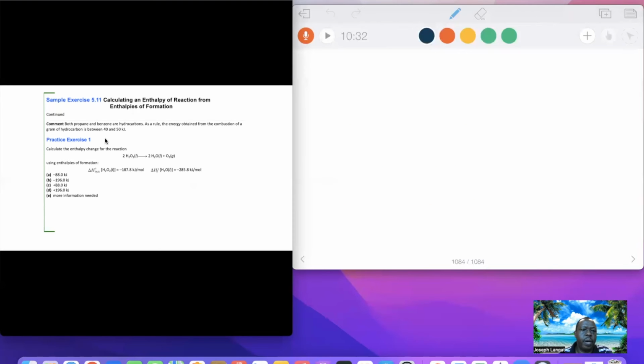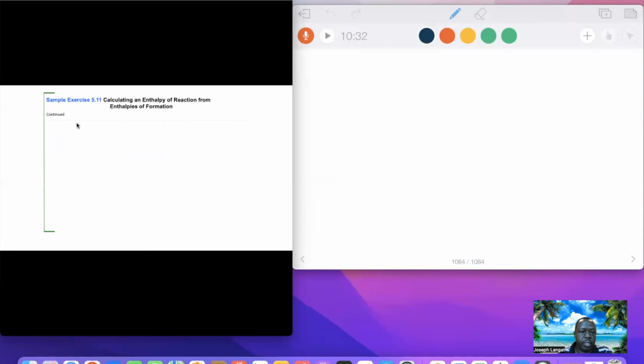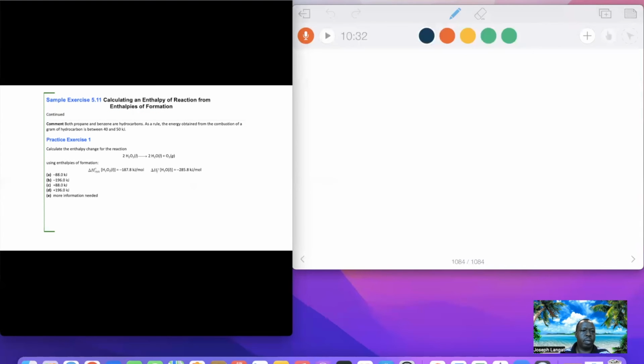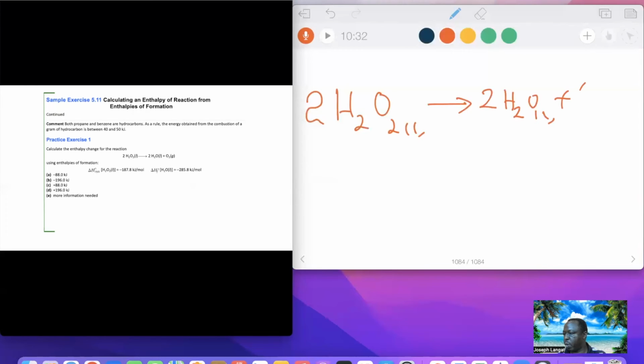If you are given a question such as this and you are asked to calculate the enthalpy change for the reaction, on the whiteboard we have 2 moles of peroxide, in liquid form, going to 2 moles of liquid H2O plus oxygen gas.